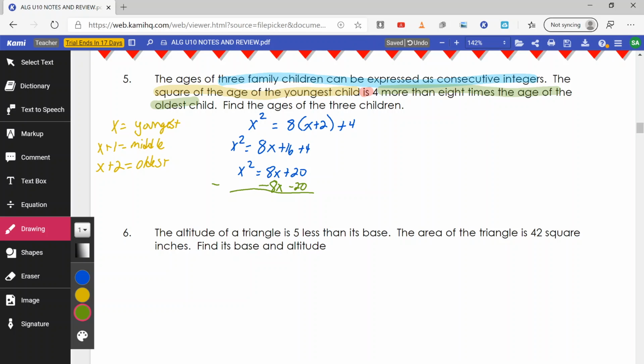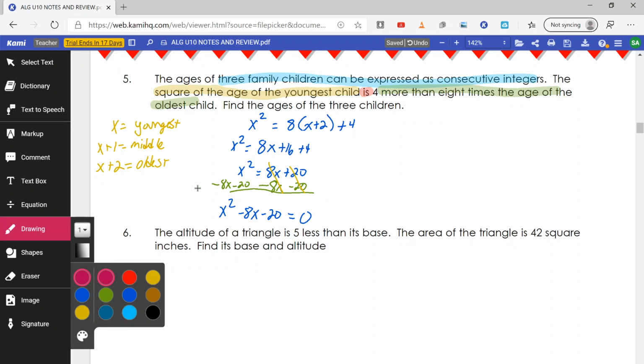So we have x squared minus 8x minus 20 equals 0. So here is the trinomial that we need to factor.